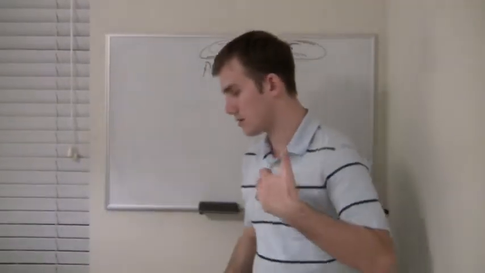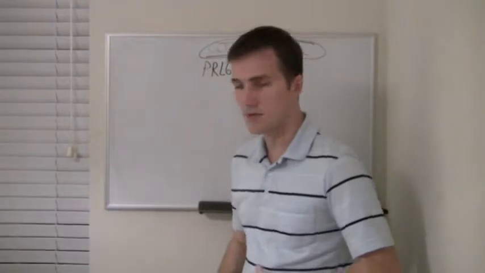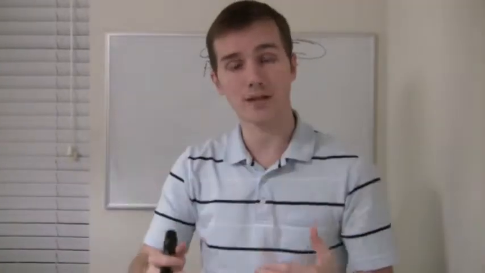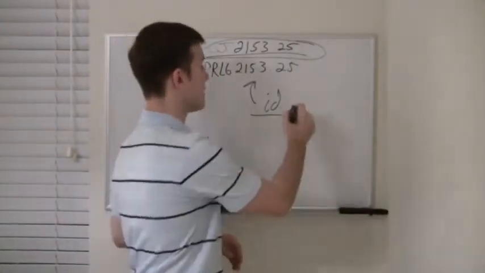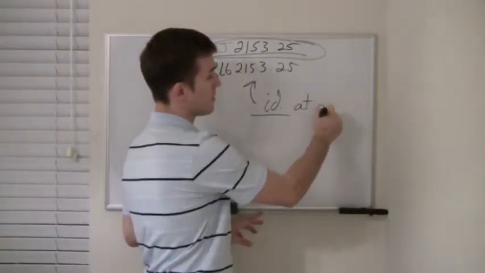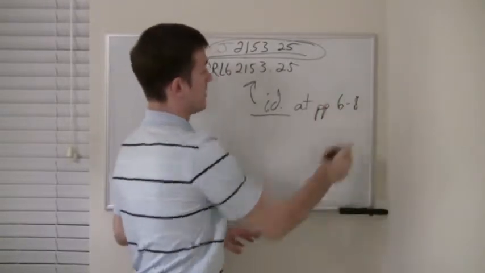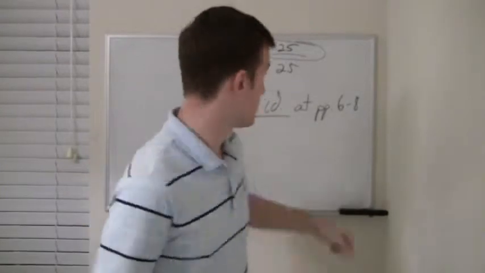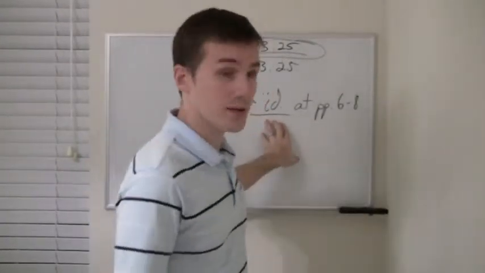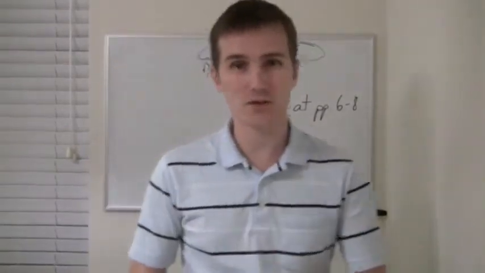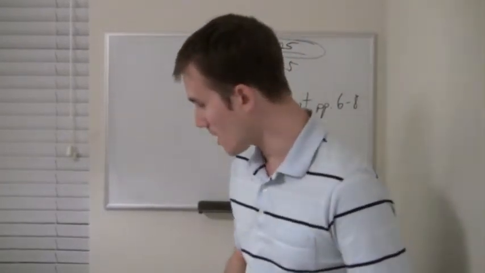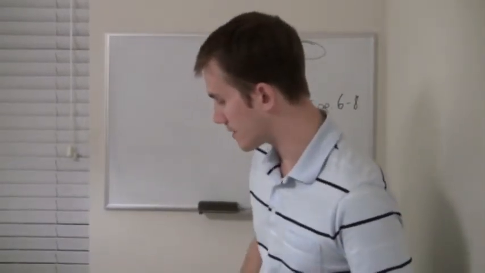So you'll notice, for instance, I would say Tort Law as the book title, pages 1 through 5, and then the next week I might have id at pages 6 through 8. All that means is Tort Law. Instead of writing out Tort Law again, I just write id. So if you see id, that's what id means in this context.